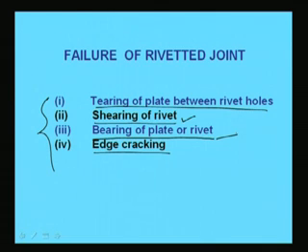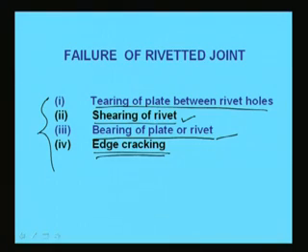So we have to see the bearing strength of the plate as well as the bearing strength of the rivet, and then find out the strength of the joint. Another is edge cracking, meaning if the edge distance is not kept sufficient, then cracking of the plate will happen due to excess load. So edge cracking may come into the picture. In that case, how to resist all these things we will be discussing.